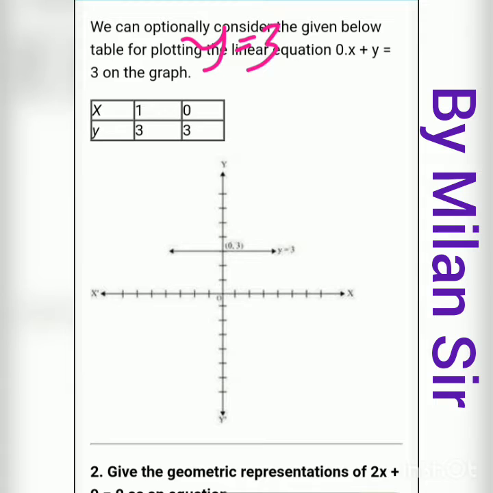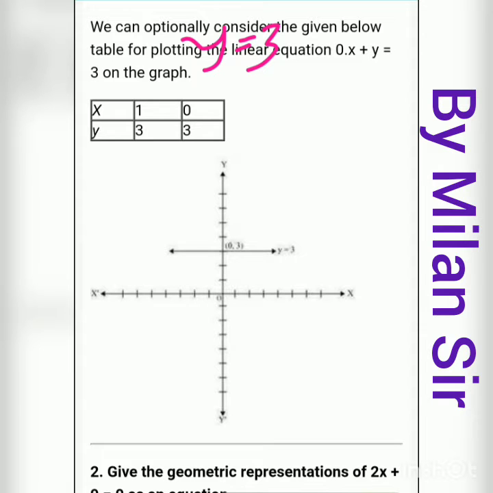We have two ways here. Now y = 3 means you can take any value of x. This is one linear equation, y = 3. Here x is not there, so you can take any value of x.